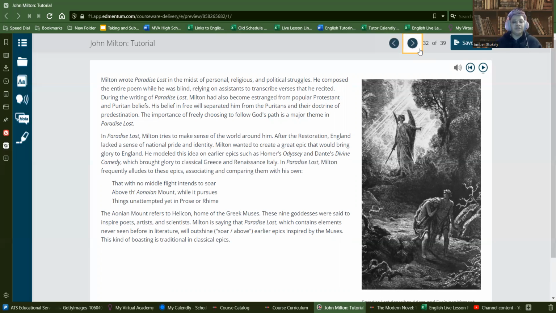He did think that Christians were chosen, but he thought that if you were a child of God, you could work your way into heaven by doing God's work. And this is reflected in Paradise Lost, because the importance of freely choosing to follow God's path is a major theme. So he believed that any God that makes sense would accept anyone who willingly chose to walk his path.